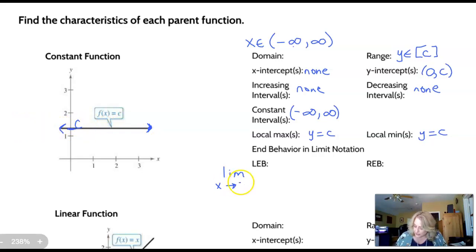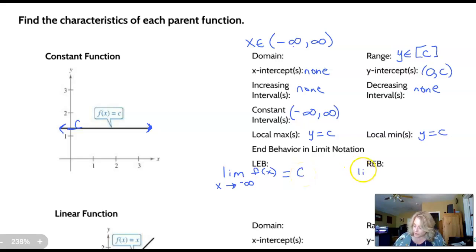So x is going towards negative infinity on that left end. And so we're saying, what is the limit as x goes to negative infinity for this function? And so what is happening to the y value as we go towards the left end? So the y value is not changing, is it? So it's actually staying at c.